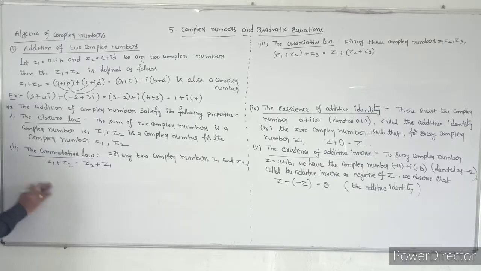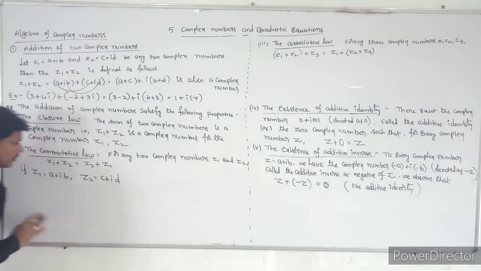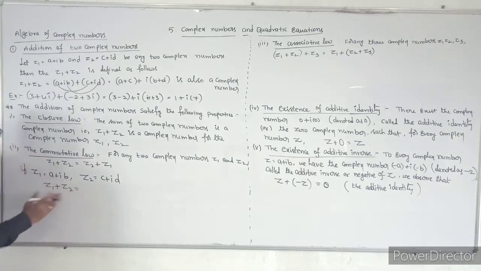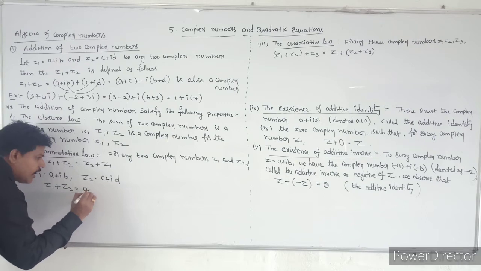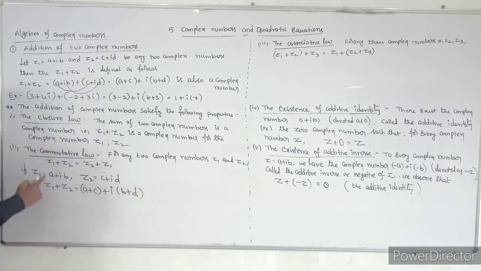For example, if Z1 is equal to a plus ib and Z2 is equal to c plus id, then Z1 plus Z2 is a plus c plus i into b plus d. First add the real parts, a plus c, plus i into the imaginary part, b plus d.